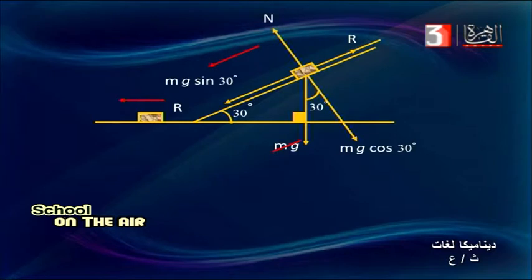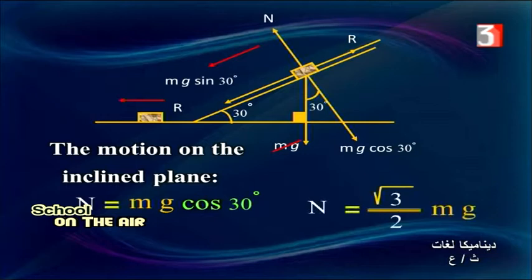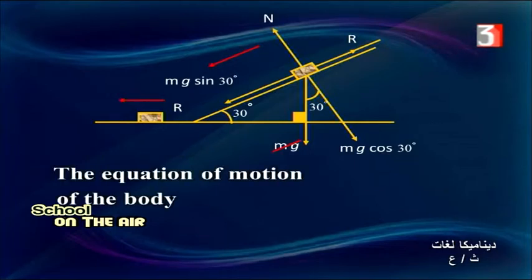Now we start with the motion on the inclined plane. N equals mg cosine 30, cosine 30 equals root 3 over 2. Then the normal reaction N equals root 3 over 2 mg. What is the equation of motion of the body on the inclined plane?